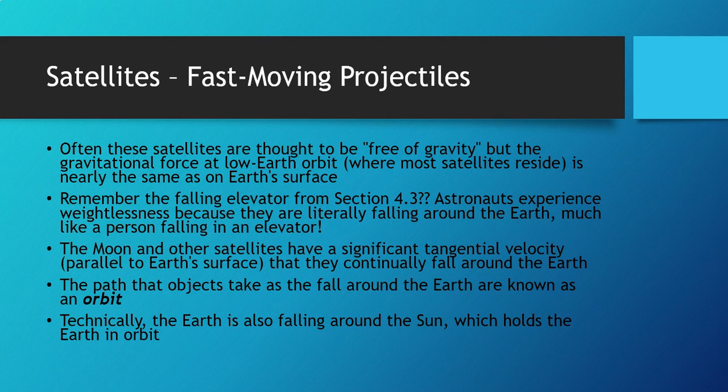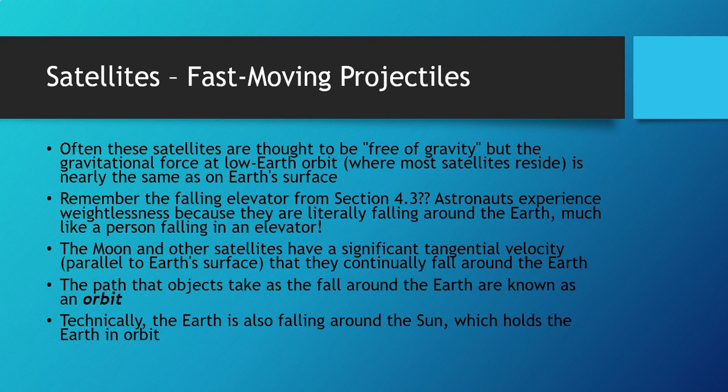So when we talk about a satellite moving around another object, we refer to the path that object takes as the orbit of the satellite, or the orbit of the moon. Technically, just like the moon is in orbit around the Earth, the Earth is in orbit around the sun. And the Earth is essentially falling around the sun the same way. The Earth moves fast enough around the sun that it's not pulled into it.